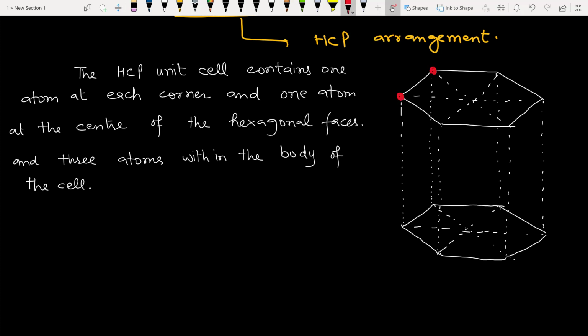So atoms are present at the corners: twelve atoms at the corners, two atoms at the center of the faces, and three atoms well within the body. So this is our HCP arrangement.